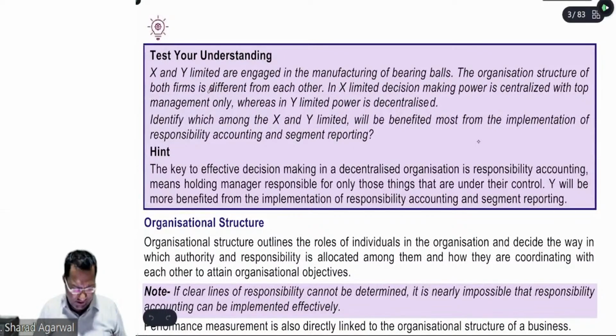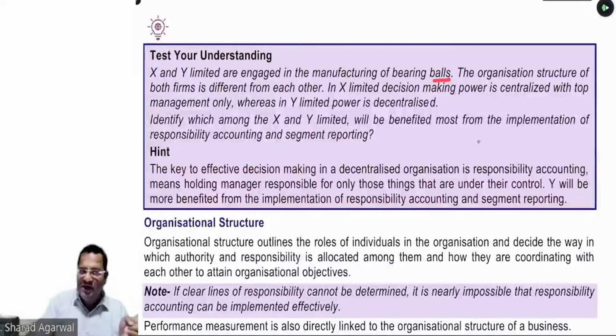What do you mean by organizational structure? The structure of both firms is different from each other. In X Limited, decision power is centralized with top management only, whereas in Y Limited, the decision-making power is decentralized. There are two different companies.